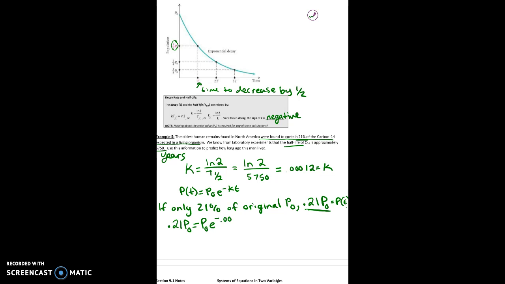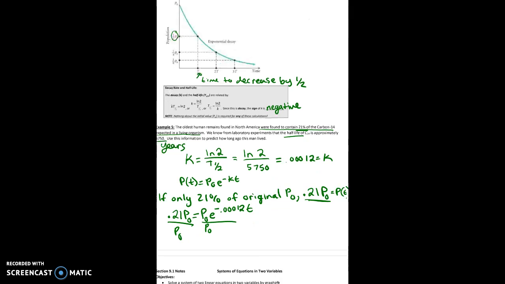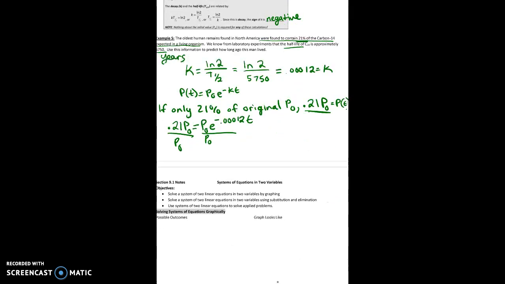So the first thing we're going to do is divide both sides by P sub 0, or P naught. And now we get 0.21 equals e to the negative 0.00012 t. Let's take the natural log of both sides.